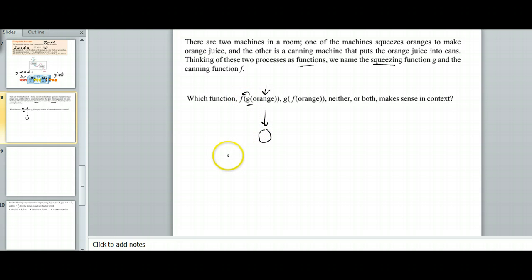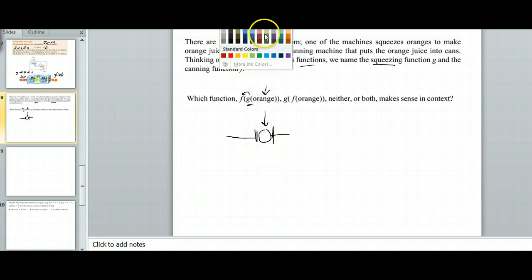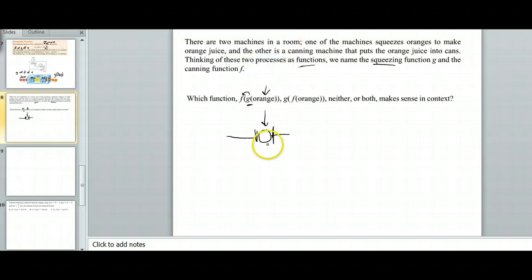G is the squeezing function, so something comes in and squeezes this orange, and then its juice falls out. So here comes the orange juice. And then what's f? F is the canning function, so it's going to collect the juice.